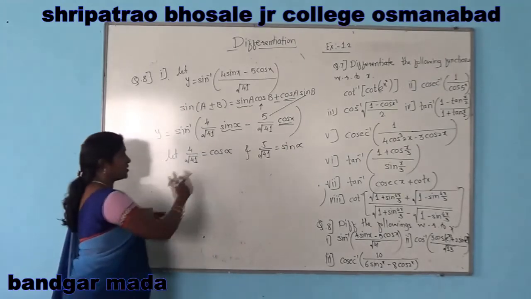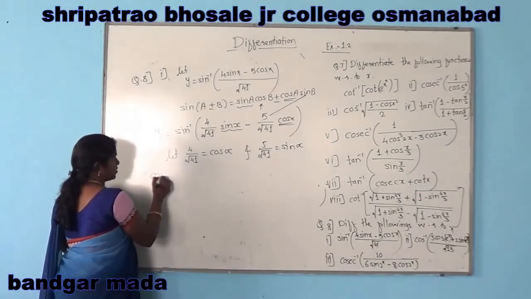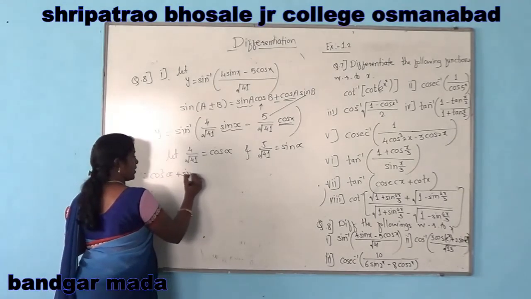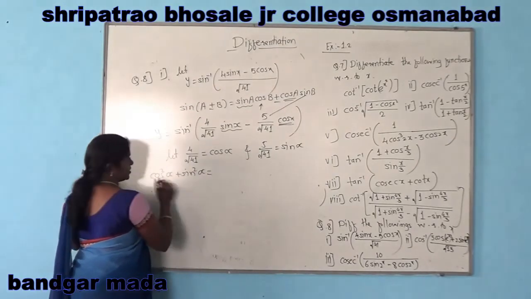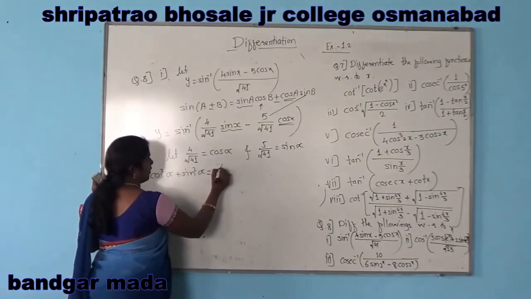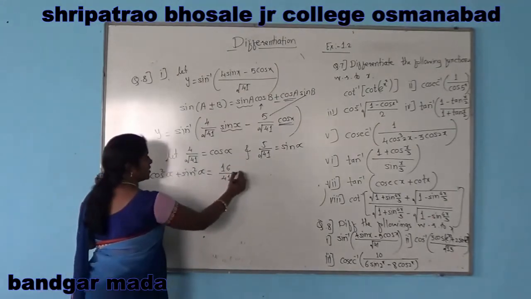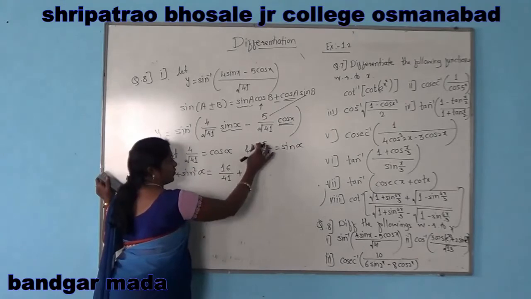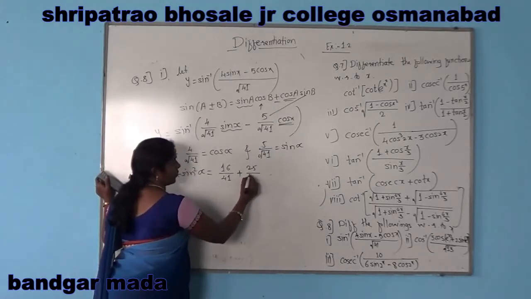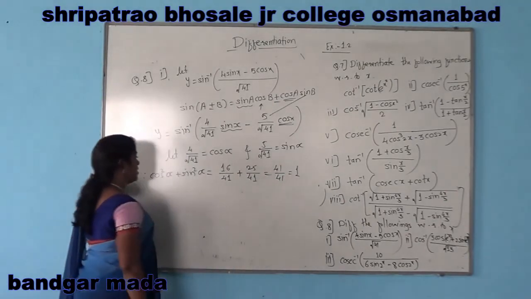Now we can consider these two if and only if cos square alpha plus sin square alpha is equal to 1. Cos square alpha is 4 by root 41 square, that is 4 square is 16 upon 41, plus sin square alpha is 25 upon 41. 16 plus 25 is 41, 41 by 41 is equal to 1.